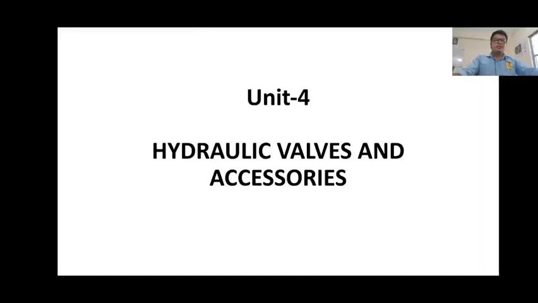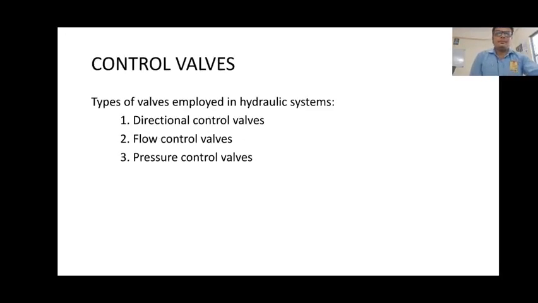Good morning everyone. In this video, we will start our unit number 4 for the subject OHP, that is hydraulic valves and accessories. In a hydraulic system, the hydraulic energy available from a pump is converted into motion and force by means of an actuator.